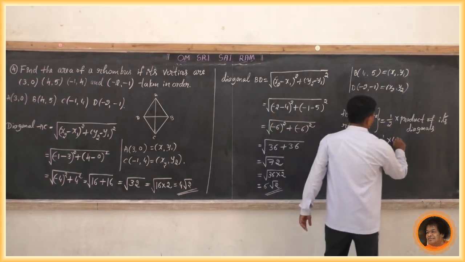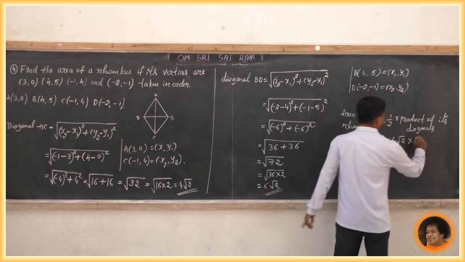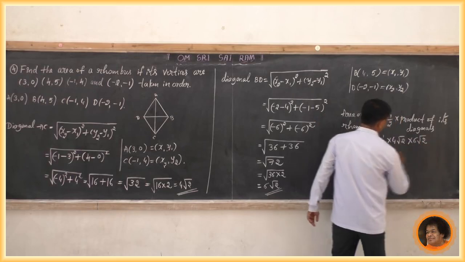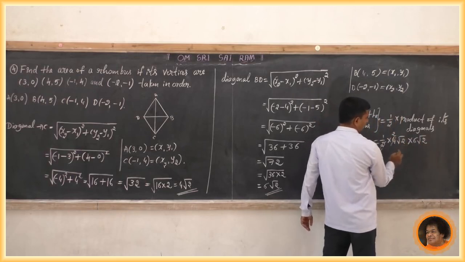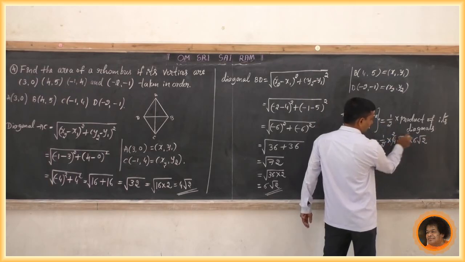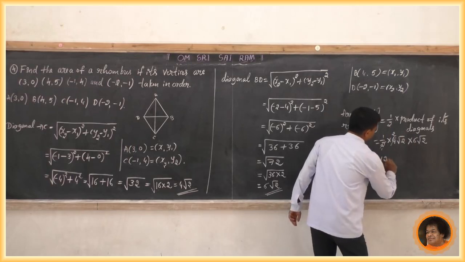So 4 root 2 into the other diagonal, 6 root 2. Here the coefficient is 4, here the coefficient is 6. Half into 4 is 2, so 2 into 6, now multiply the coefficients, 12.